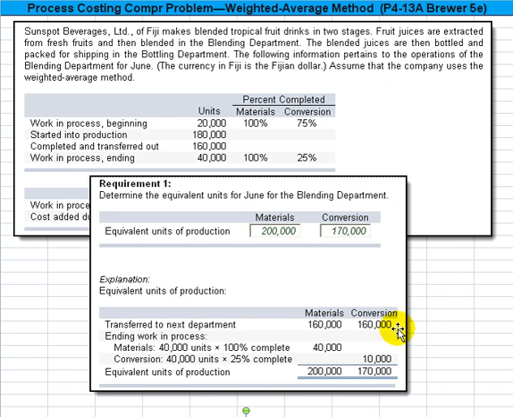In other words, we've finished adding value through the labor and indirect costs applied to the inventory during the blending department for the month of June. But for conversion, only 10,000 units were complete because we had 40,000 units in ending inventory that were only 25% complete. So in terms of equivalent units, conversion units were equal to 170,000, and that takes care of requirement 1.